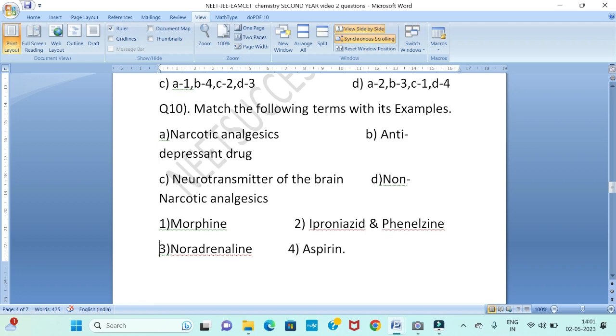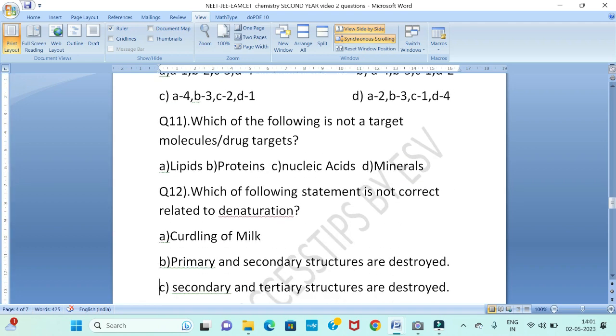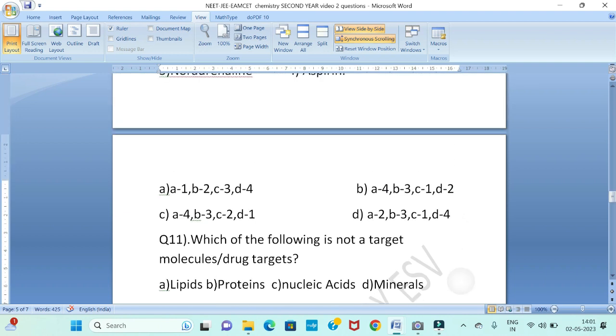Which of the following is not a target molecule of drugs or drug targets? Lipids, proteins, nucleic acids, minerals. You have to observe, don't read fast.